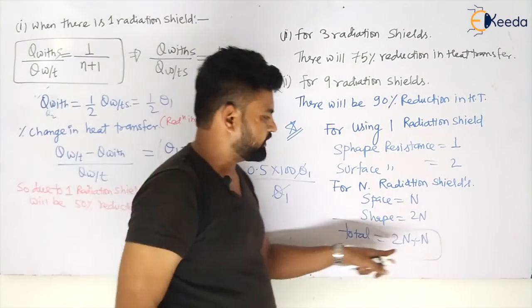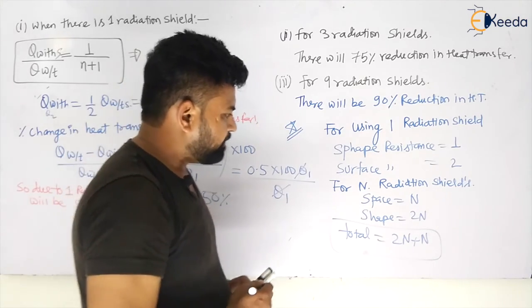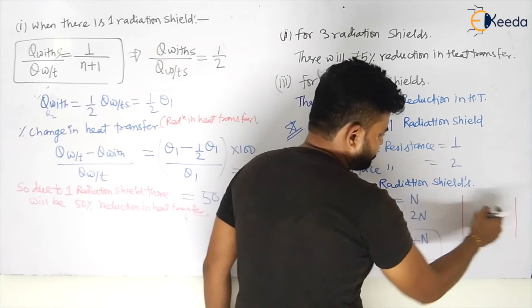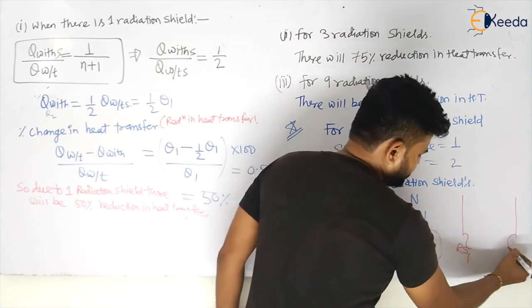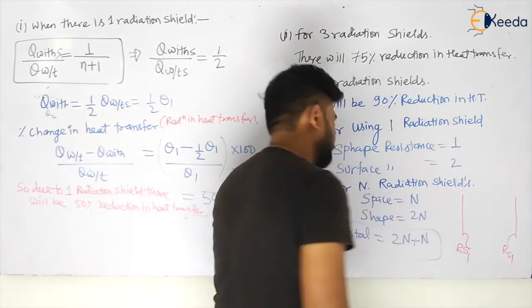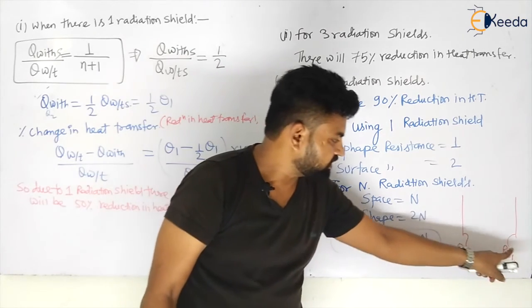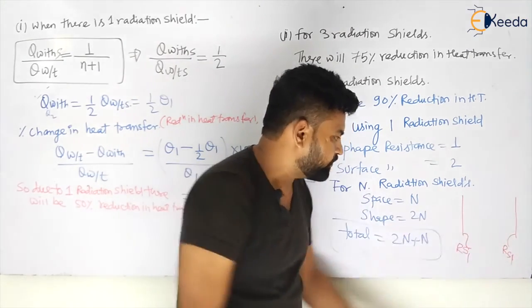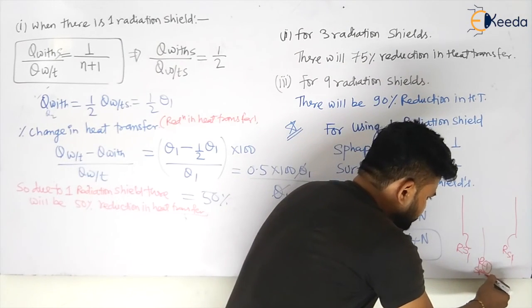Okay, 2n plus n. Now if you see the plates, these plates are also there, and due to these both plates, one surface resistance will be due to this plate, one surface resistance will be due to this plate, and there will be one space resistance there.